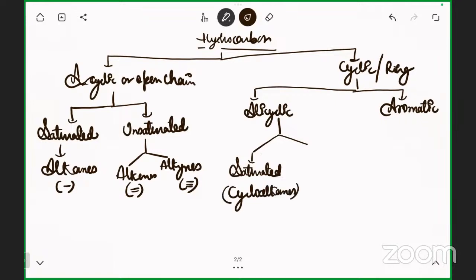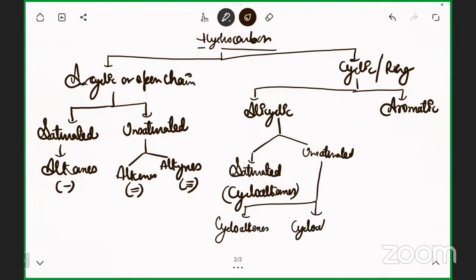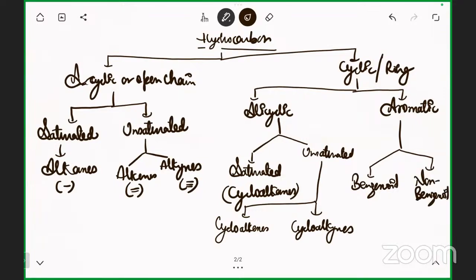And unsaturated, again two categories, cycloalkenes and cycloalkynes. Aromatic are again classified into two: benzenoid, containing the benzene ring, and non-benzenoid, which do not contain benzene. Benzenoid compounds are also known as arenes.